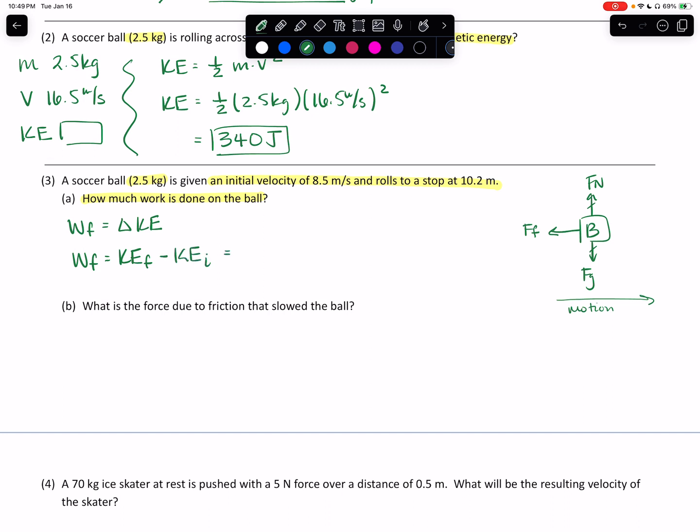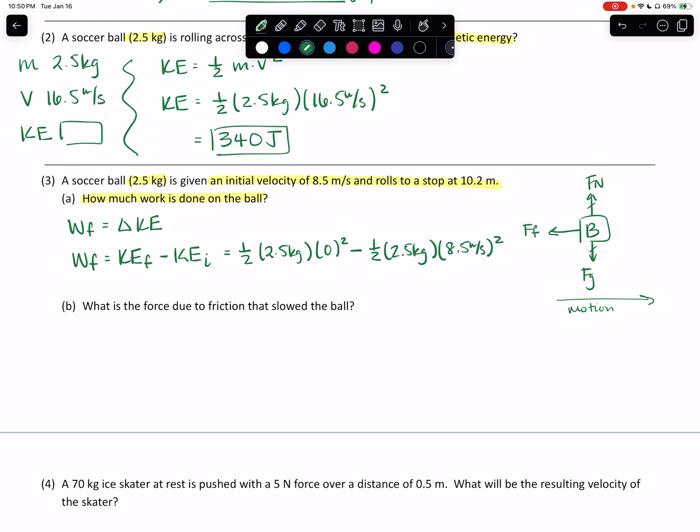So we're going to have 1/2 times 2.5 kilograms, our final velocity value is 0, because it comes to rest, minus 1/2 times 2.5 kilograms, and our initial velocity value of 8.5 meters per second squared.